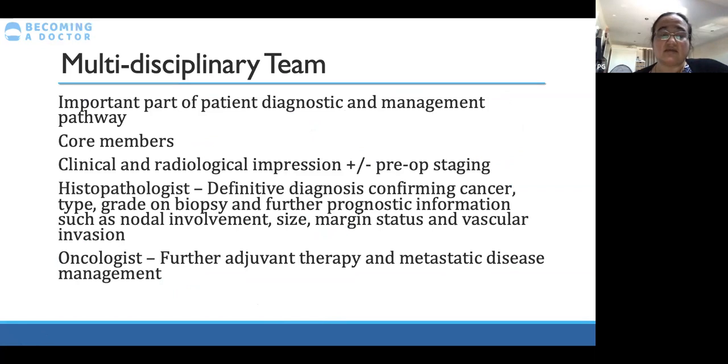And there may be other members that are part of different specialist teams, but those are the core members for most MDTs. It's an important part of the diagnostic pathway, and every patient with a cancer or suspected cancer has to go through a multidisciplinary team.